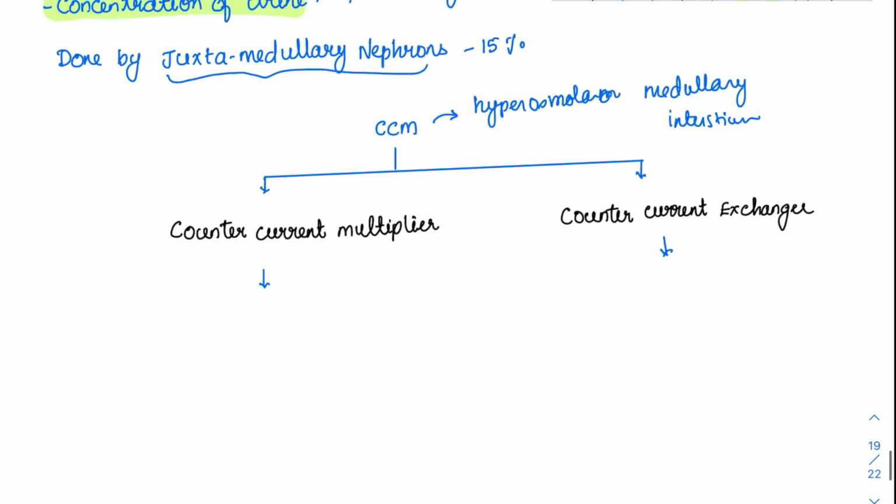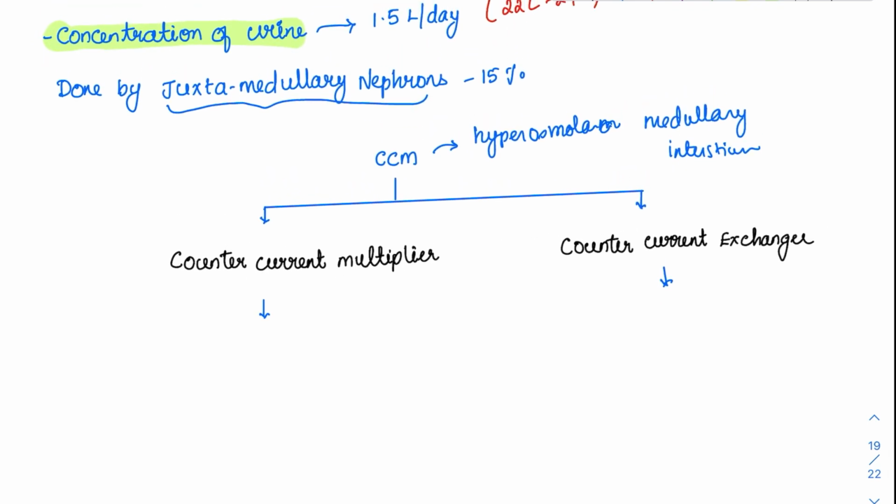Coming to the countercurrent multiplier, the most important part involved is the thick ascending loop of Henle. LOH is loop of Henle. Then the next part involved is the collecting ducts.